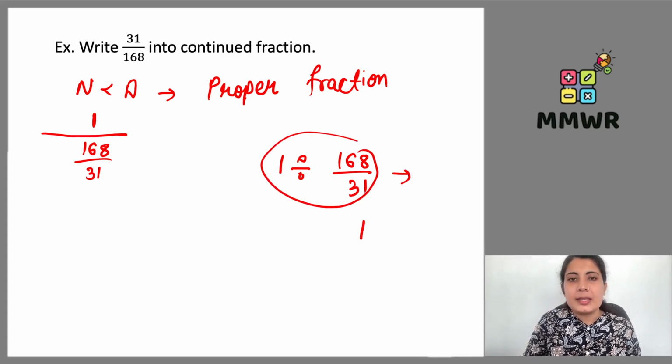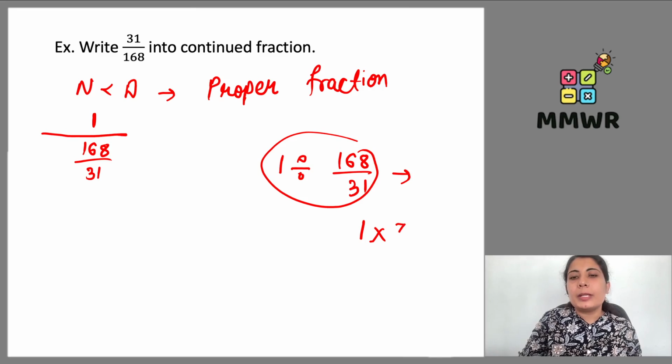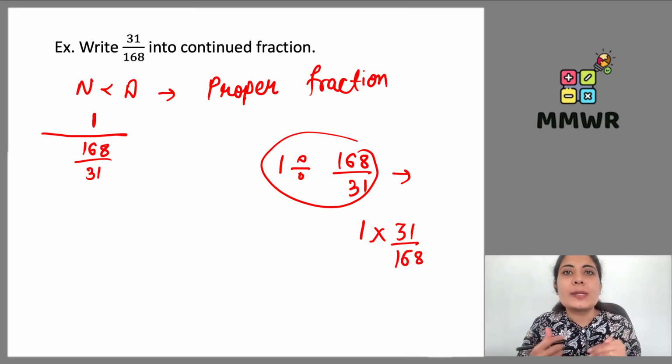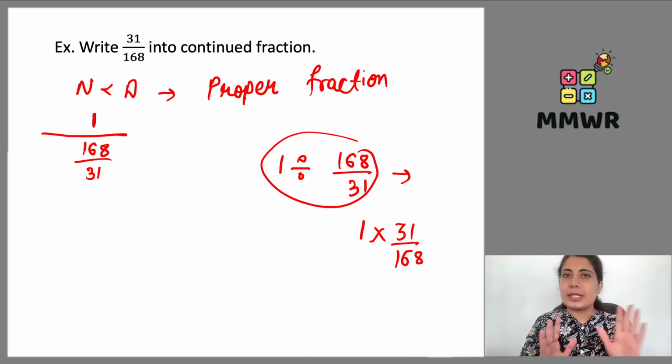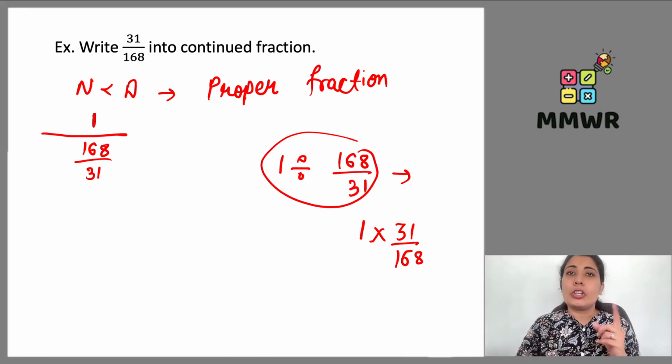1 will be as it is. This division will become multiplication. 168 upon 31 will become 31 upon 168. That's the process to simplify a fraction divided by another fraction. When we have to divide one fraction by another fraction, we simply replace division by multiplication, and along with that we take the reciprocal of the second fraction.